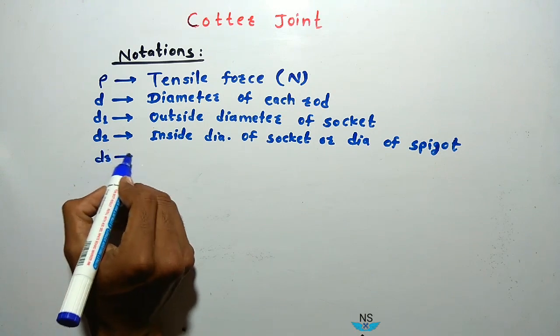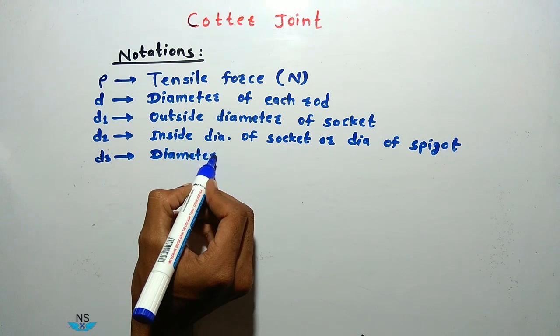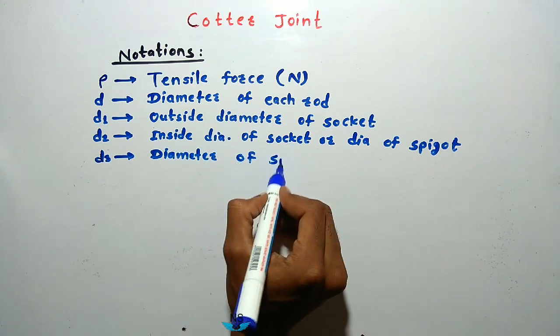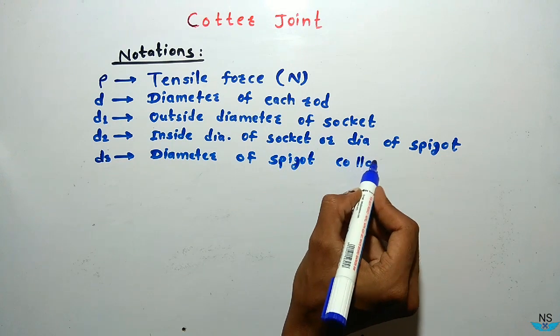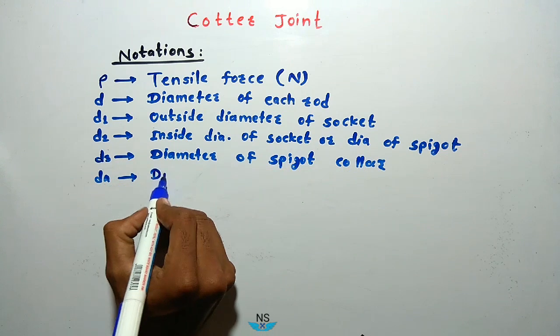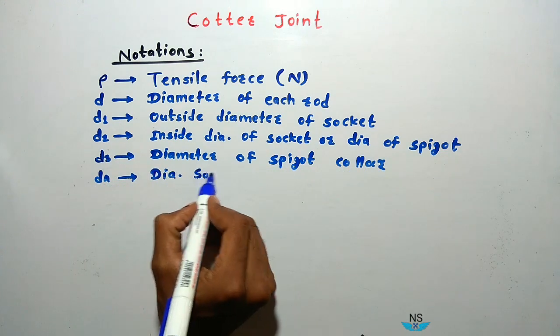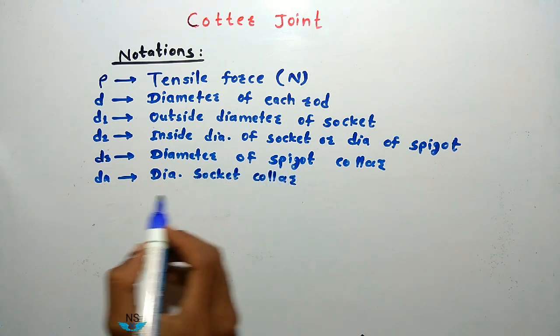Then D3 is diameter of spigot collar. Then D4 is for diameter of socket collar.